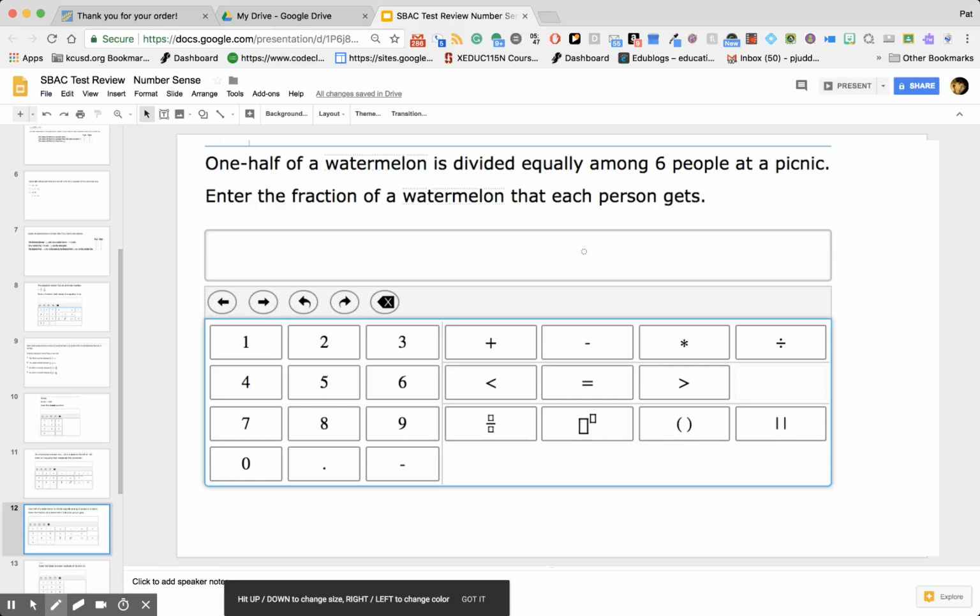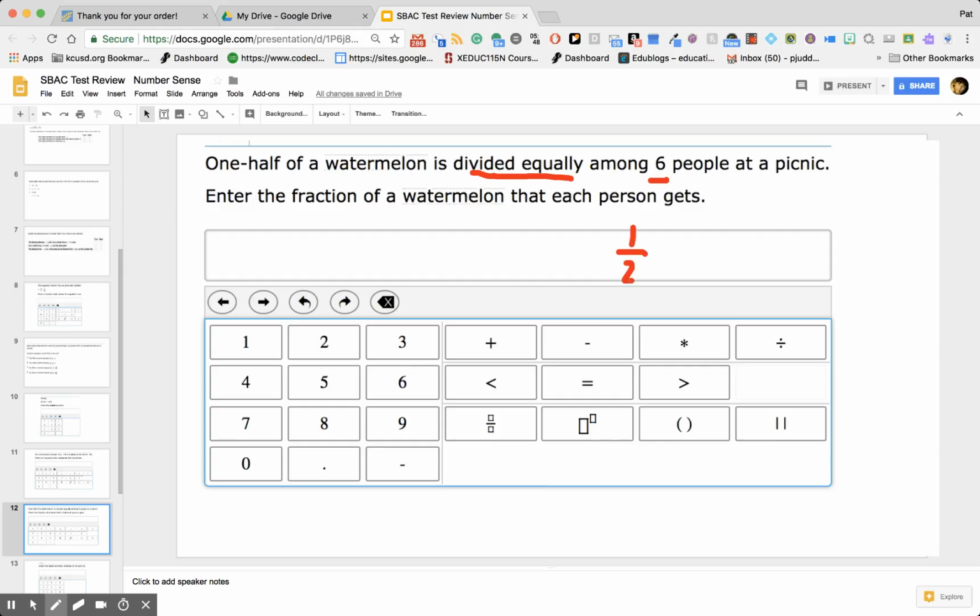Okay, so we need a fraction of a watermelon that each person gets. Well, if I have half a watermelon, that's the full amount that I have, and I want to divide it equally among 6 people. I want to know how many equal groups of 6 will I get from the half watermelon.